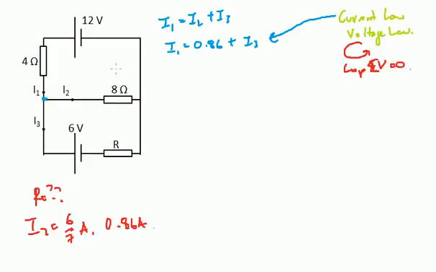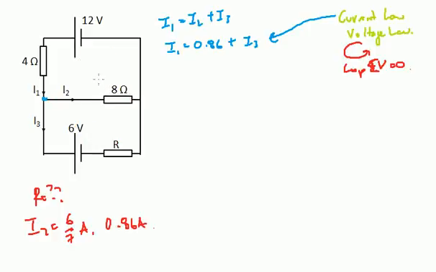So I'm free to choose my loops, and there's actually 3 loops here. There's one loop which is around here, that's 1. There's another loop which is around here, that's 2, and there's a third loop which is around this circuit here, 3.